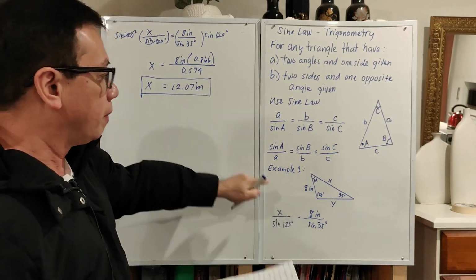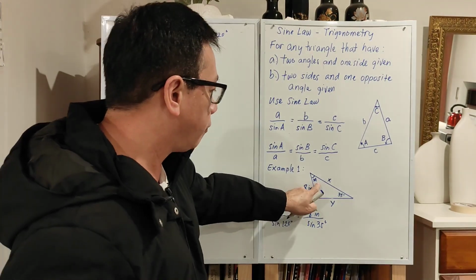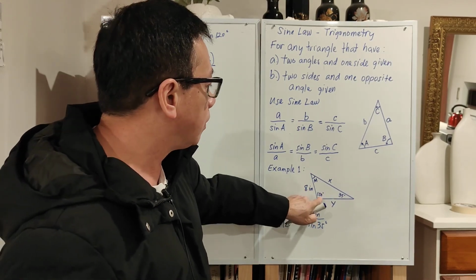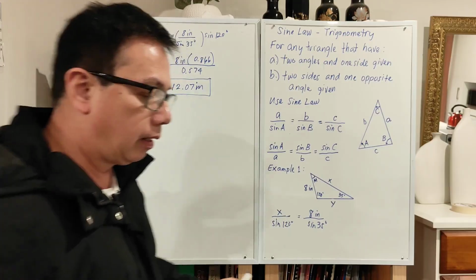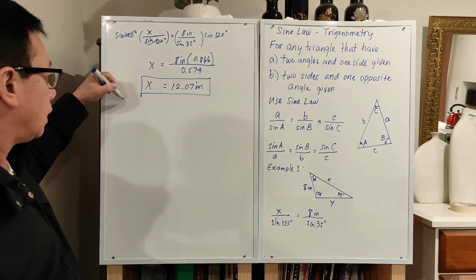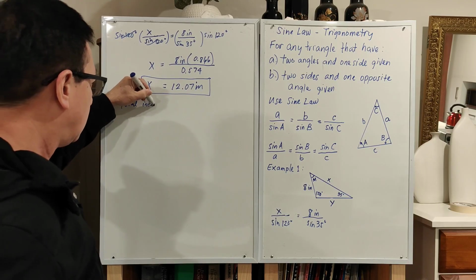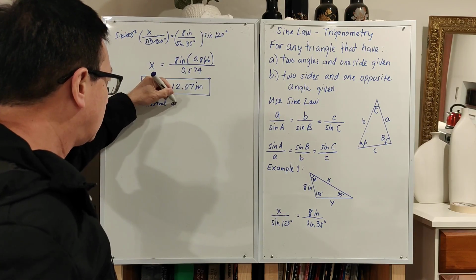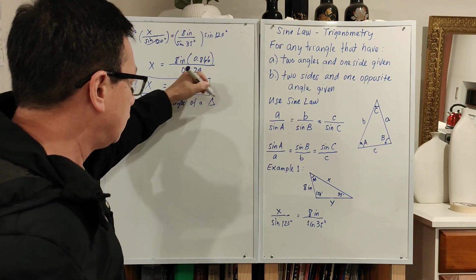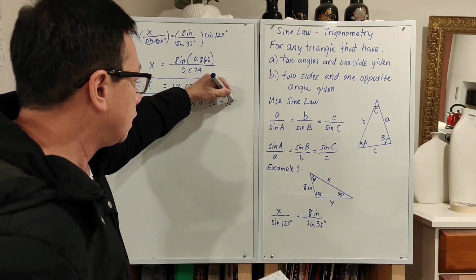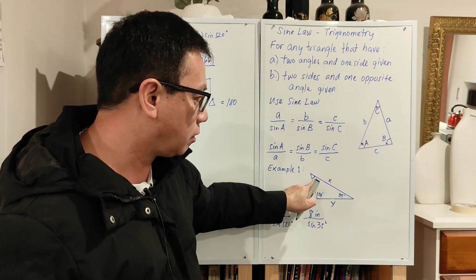Now we have solved for x, so we can solve for M. Because we have two angles, we can solve for the third angle, because the total of the internal angles of a triangle is always 180 degrees. So we have the two angles here, we can solve for this one.